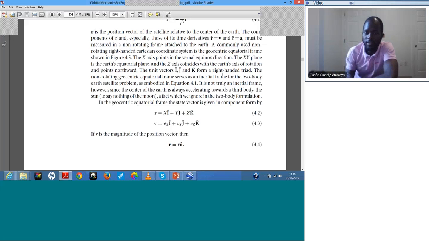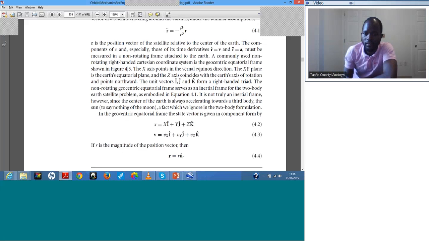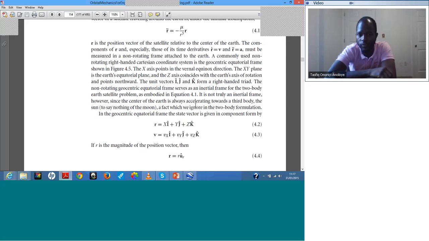But it is important to note that even such a frame of reference is not truly an inertial frame, since the center of the Earth is always accelerating towards a third body, the Sun, to say nothing of the Moon, a fact which we ignored in the two-body formulation.